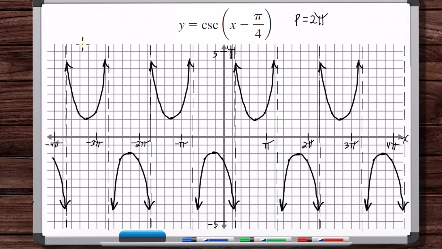Like that. Okay, and then we could draw the reciprocal of cosecant is sine, so sine of x minus pi over 4, and it would look like this.